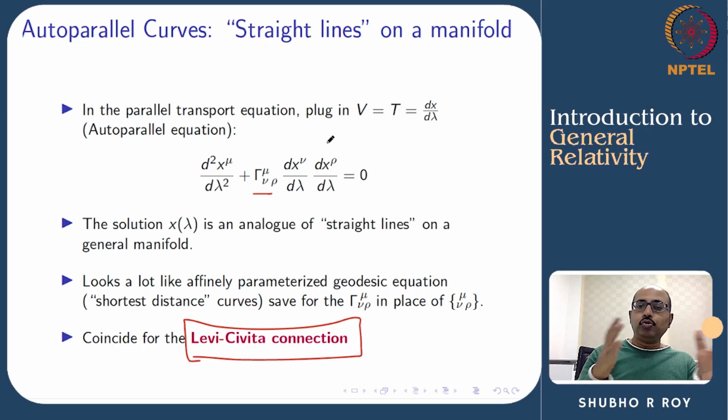Usually these two notions are different: the shortest distance curve and the autoparallel curve are not necessarily the same in differential geometry. But if we use the Levi-Civita connection, then these two concepts get unified. As a result, when you solve the autoparallel equation with a Levi-Civita connection, in which this is the same as the Christoffel symbol, it automatically gives you an affinely parametrized geodesic.